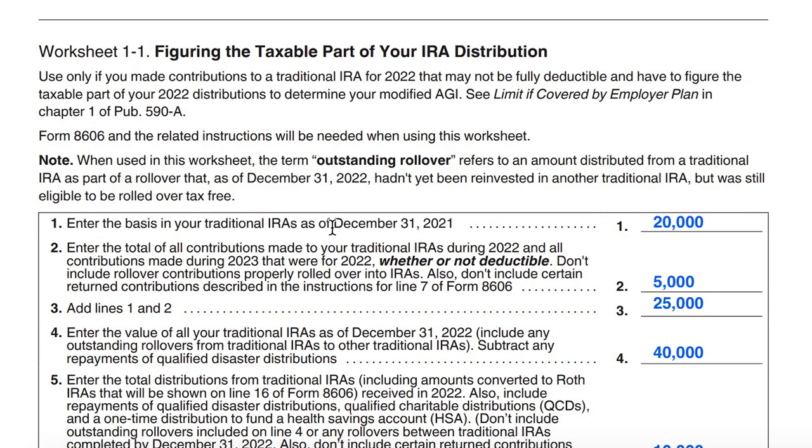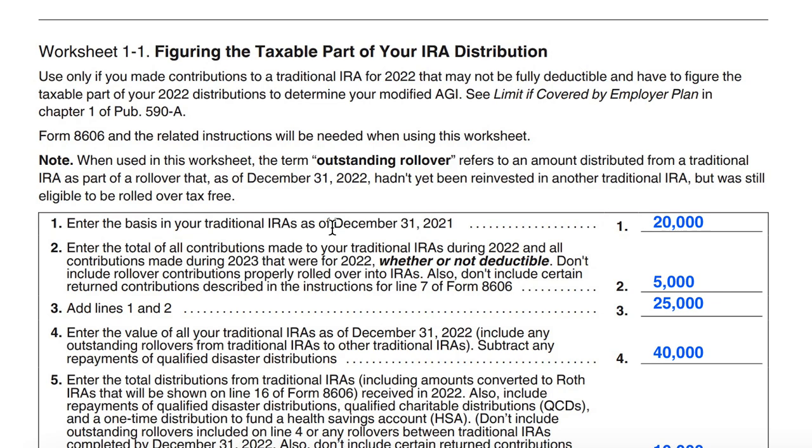So if your last Form 8606 was filed between 2001 and 2022, you would find that on line 14. If your most recent 8606 was between 1993 and 2000, then it would be on line 12. And if it was from 1989 to 1992, it would be on line 14.